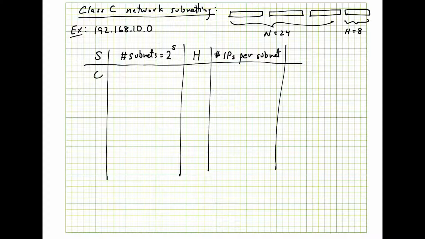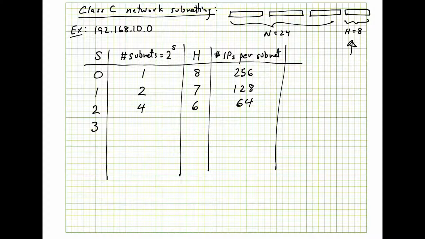If S is 0, I only have 1 subnet, and I haven't really subnetted yet. I've got all of the original 256 IP addresses available from that last octet. If I set S equal to 1, I get 2 subnets. H is now 7, and I get only 128 IPs per subnet. Then 4, 64, and so on.